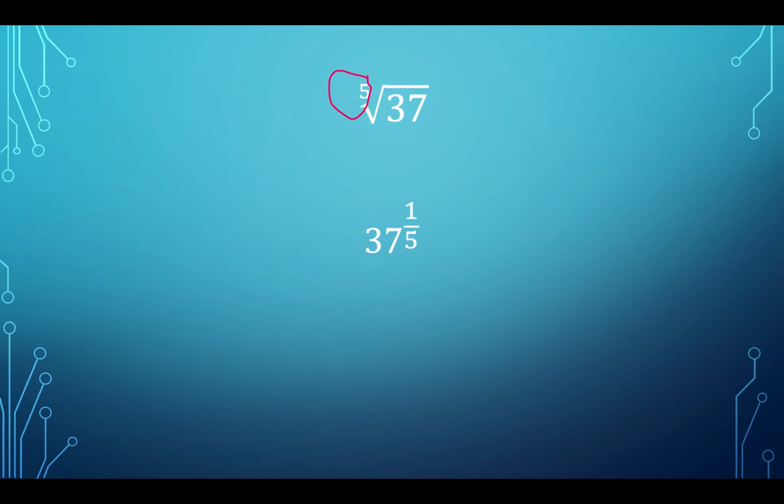I go ahead and plug that into my calculator, and I get 2.0589. Now, it's not going to be an exact number, because a couple slides ago, the 5th root of 32 gave us 2, so we know it's going to be a little more than 2. For our final answer, I would say round to maybe 1 decimal point, which would be 2.1. So the 5th root of 37 is equal to 2.1.